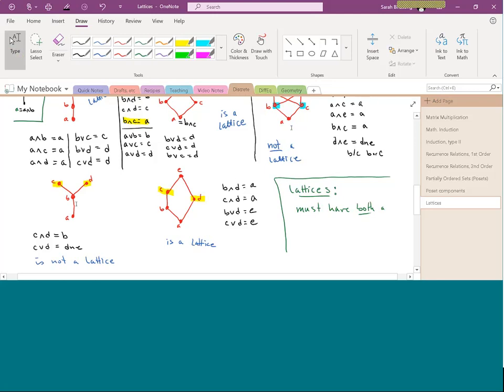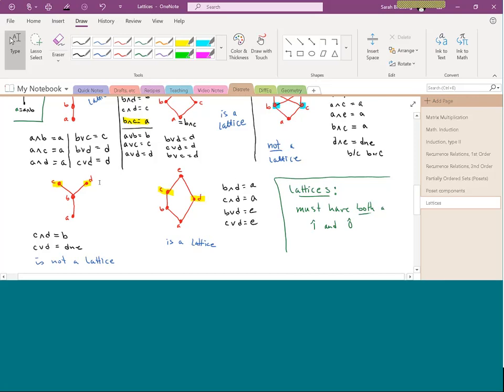But we also talked about a second thing, and we said if you have exactly one maximal element, it's also called the greatest element, or in symbols, one with a little hat. And if you have only one minimal element, then it's called a least element or a zero with a little hat on it. It turns out in order to have all of your meets and joins defined, you can't have the situation where you have more than one maximal element.